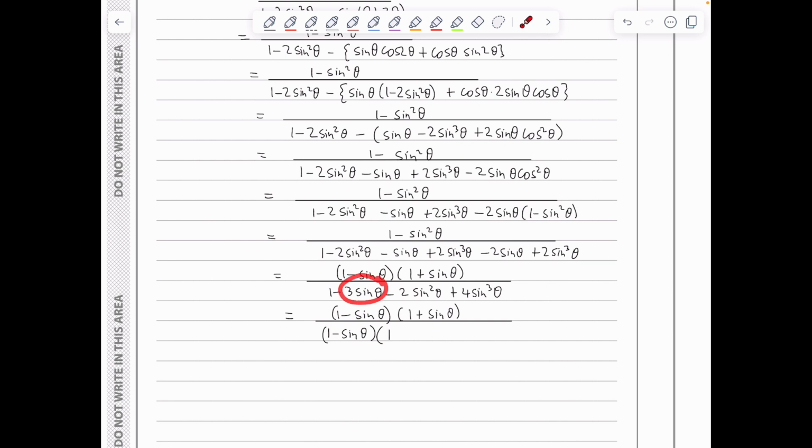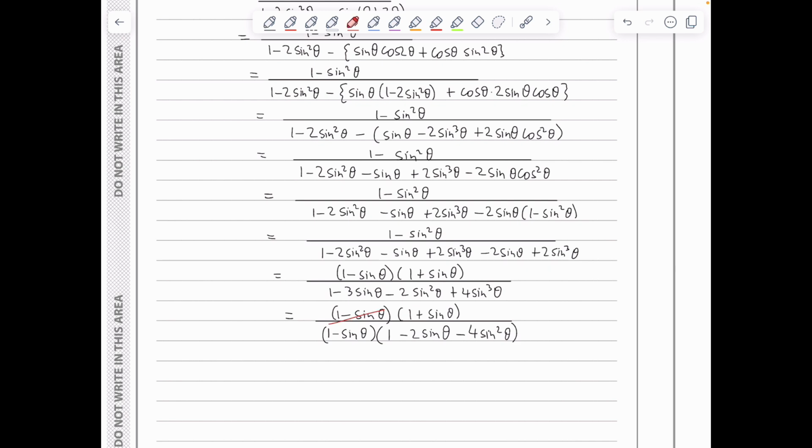Now I want to get minus 3 sine theta. So minus sine theta times 1, I get minus sine theta. I need minus 3 sine theta, which means I need a minus 2 sine theta. For it to give overall the minus 3 sine theta, it's the minus sine theta and the minus 2 sine theta. And then for me to get the last term, the 4 sine cubed theta, it surely means that I want the minus 4 sine squared theta term here.